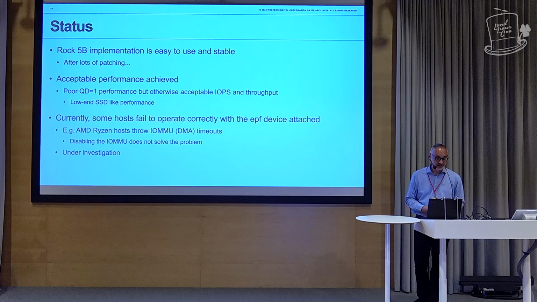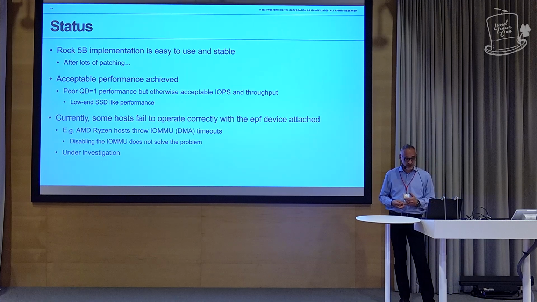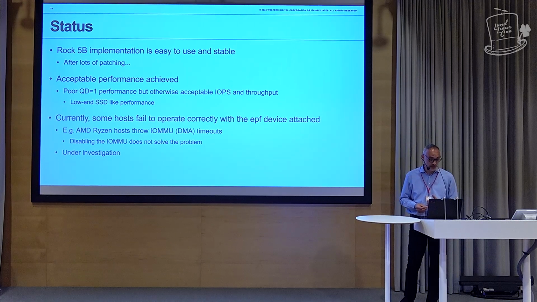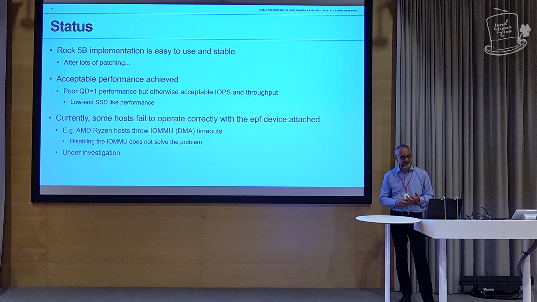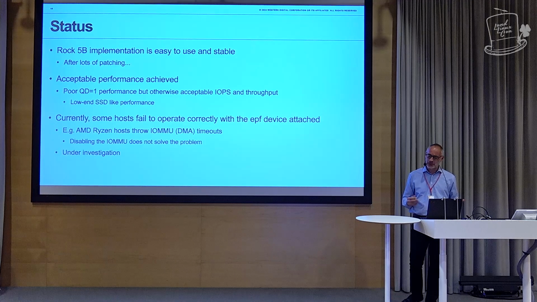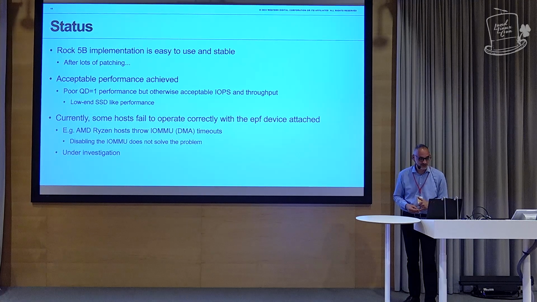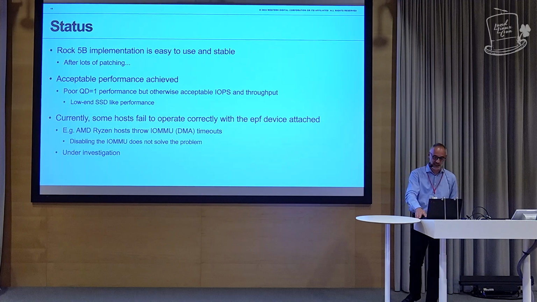But on AMD, there are problems with the IOMMU. And if you turn off the IOMMU, it works, but it's horribly slow. Niklas actually looked into it a little bit, and I think it's related to the address translation services. We don't really know what's going wrong with that and why we see these IOMMU timeouts. So still under investigation.